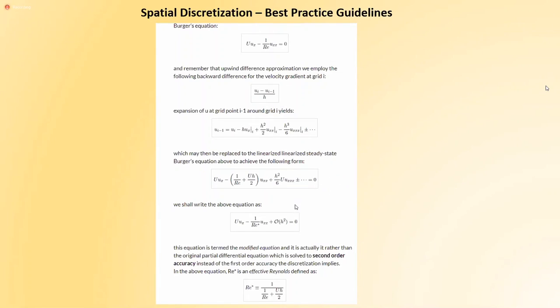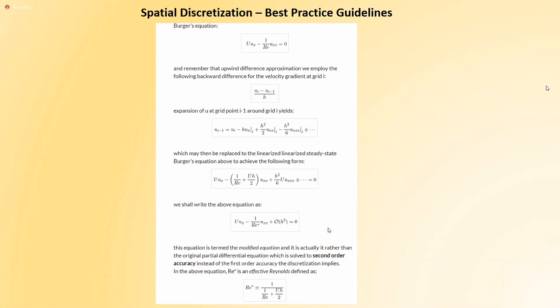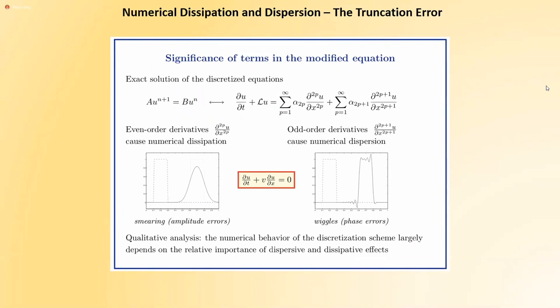Then you get some kind of equation which is called the modified equation. You choose the accuracy, and then you have an effective Reynolds number. It could also present the Reynolds cell problem. But what I wanted to talk about here is numerical dissipation and numerical dispersion.